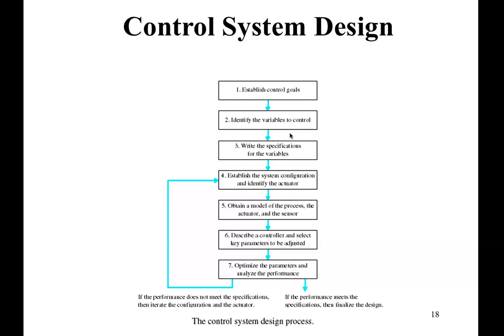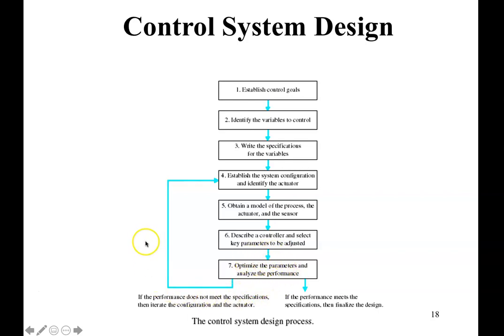For the most part of this module, we are looking at them as a set of mathematical equations. And then based on the knowledge of the plant in terms of mathematical equations, we can decide how to design a controller and also how to fine-tune and analyze the performance.